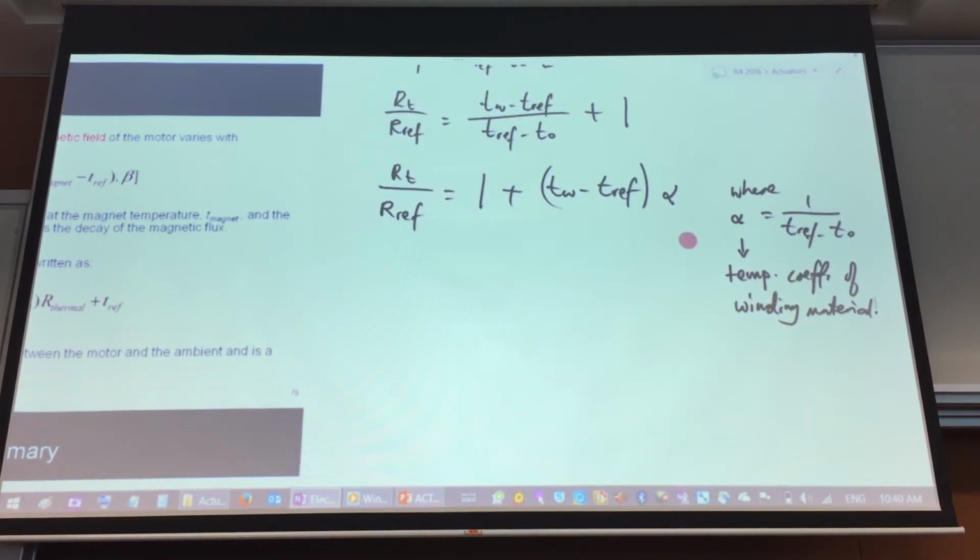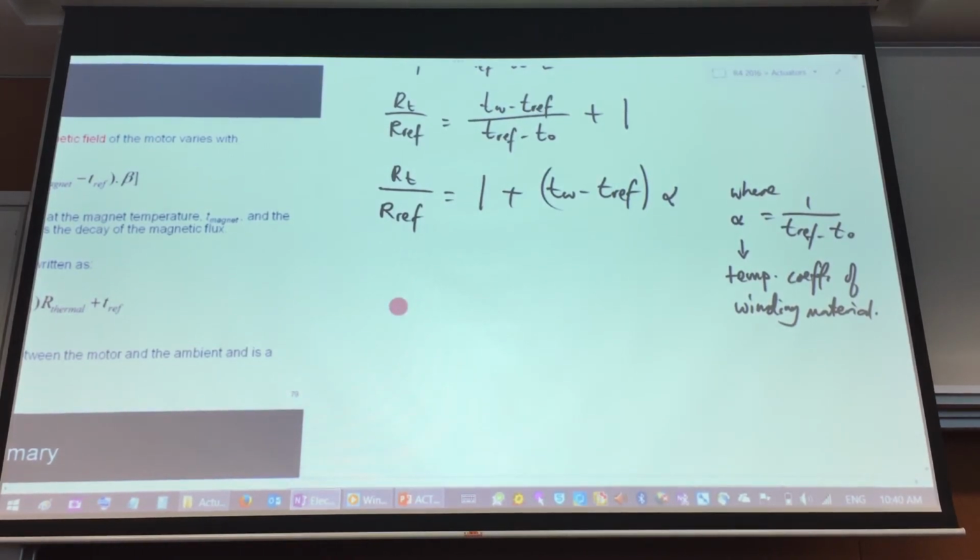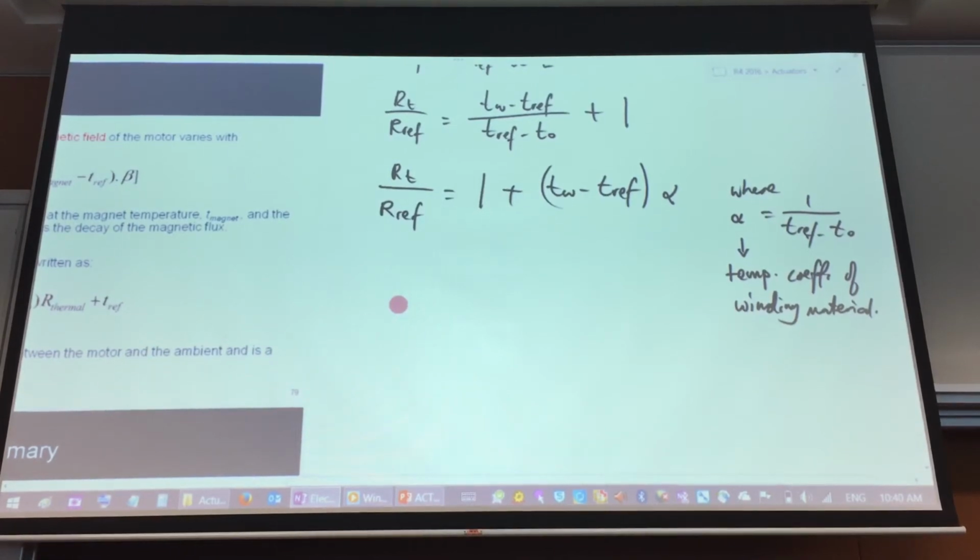There's another part that talks about the torque constant KT. It's in your other slide. I'll do a sketch for that. The torque constant represents the magnetic field of the motor, and that magnetic field will vary as the temperature increases, and hence affects your torque constant KT.